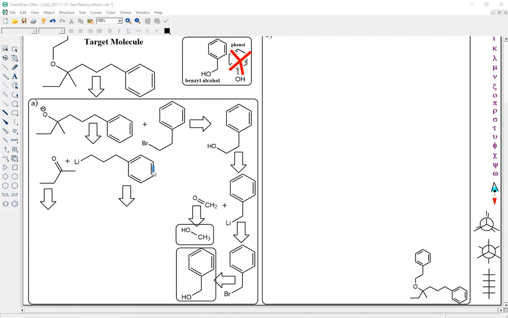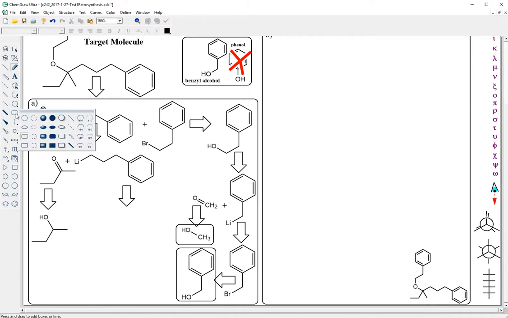A little more thought. Let's always deal with the easier one first. Alcohols are easily made into ketones. This alcohol has 4 carbons. This alcohol gets circled.